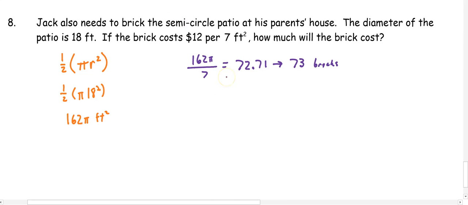So if we have to buy 73 total bricks, we are going to multiply the 73 times the $12, and we get $886.